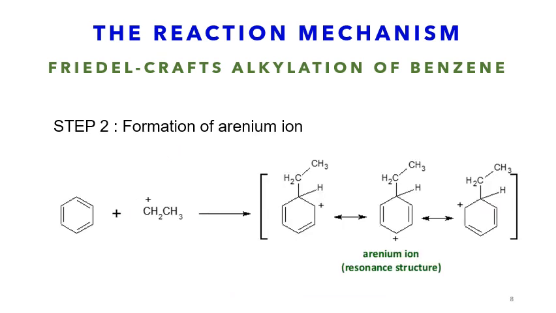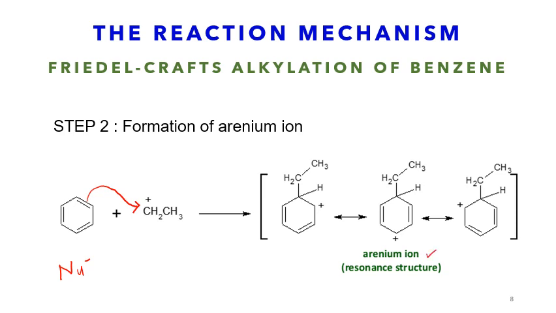The second step is to show the formation of arenium ion. Since the benzene ring is an electron-rich species, the benzene ring is always a nucleophile. The carbon-carbon double bond of the benzene ring will attack the positive carbon of the primary carbocation and form a bond to form arenium ion.